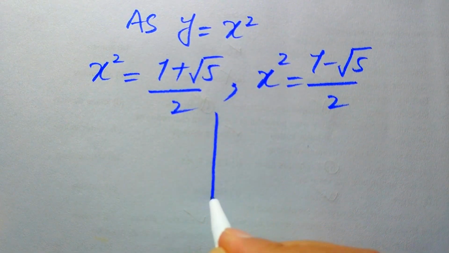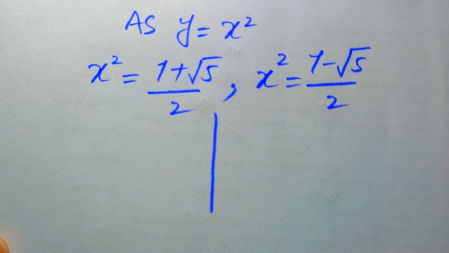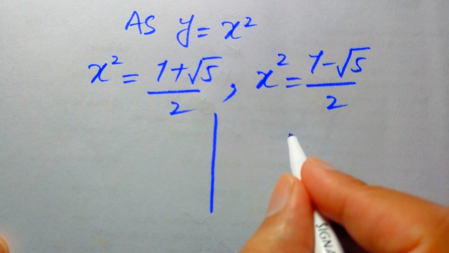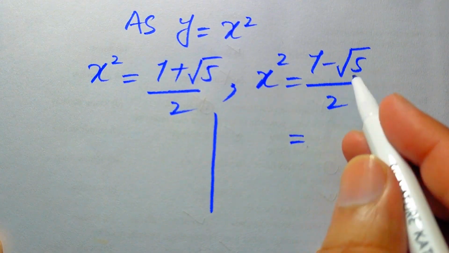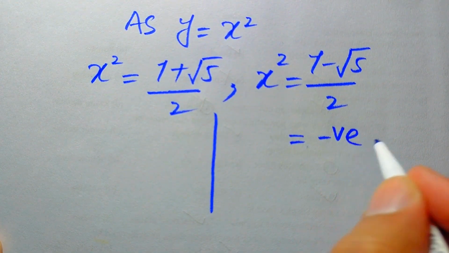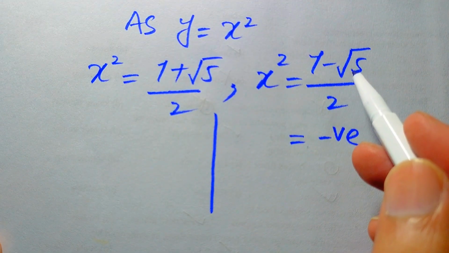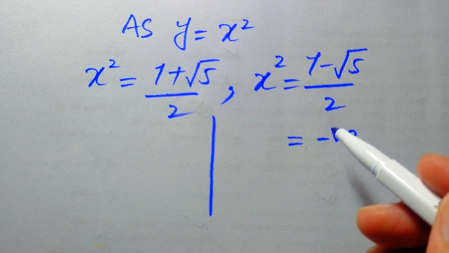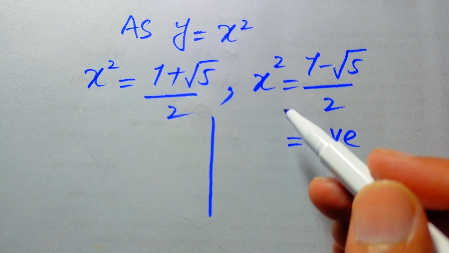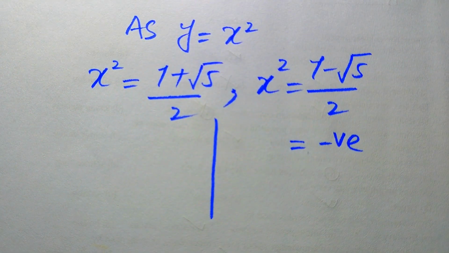In this case we need to take the square root on both sides, but first we simplify the right hand side, and the right hand side gives us a negative value. If you use a calculator, you can easily get the value of this term in simplified form, and you can see that it becomes negative. We know that x square is the perpendicular side of the given triangle.